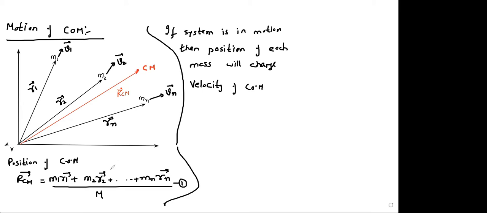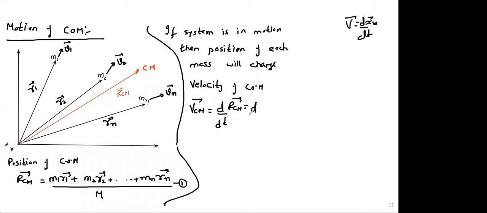For velocity of center of mass, you can differentiate this entire expression with respect to time. We know that velocity is rate of change of position. So velocity of center of mass is just rate of change of position of center of mass. Here, instead of the position of a single mass, I'm taking the position of the center of mass.